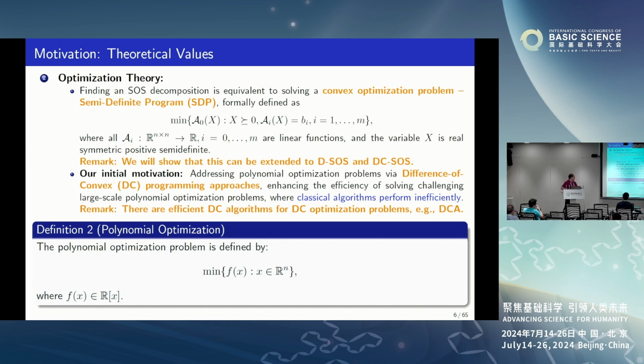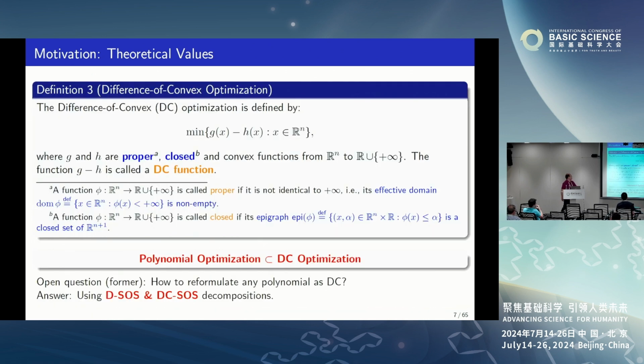So in polynomial optimization, we start by minimizing some polynomial function f(x), where x is an n-dimensional variable. And indeed, in theory, we know that it is equivalent to a special case of DC, meaning difference-of-convex optimization: minimizing a DC function, which is a difference of g and h, both convex functions.